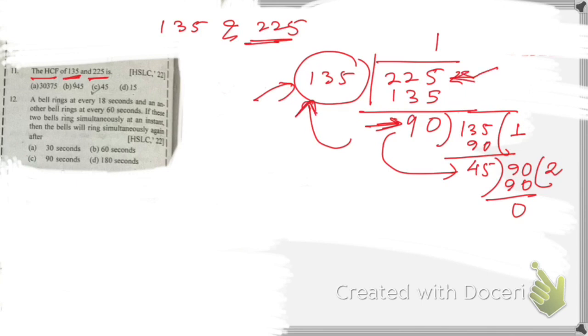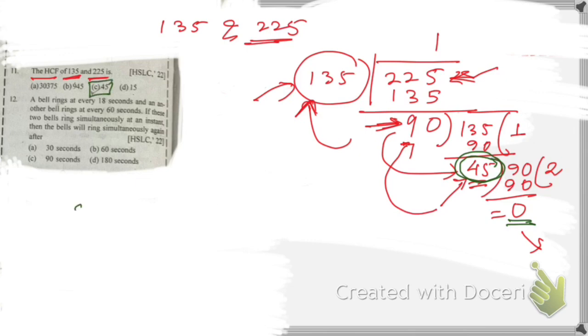Again, if the remainder is not equal to 0, then divide the first remainder by this second remainder. Continue this process until you get remainder equal to 0. At the last step where you got remainder 0, the divisor was 45, so the HCF should be 45.